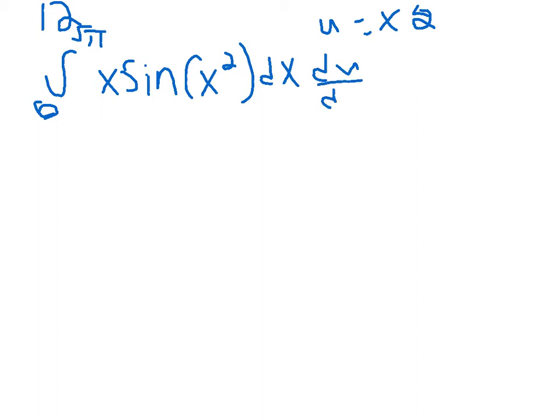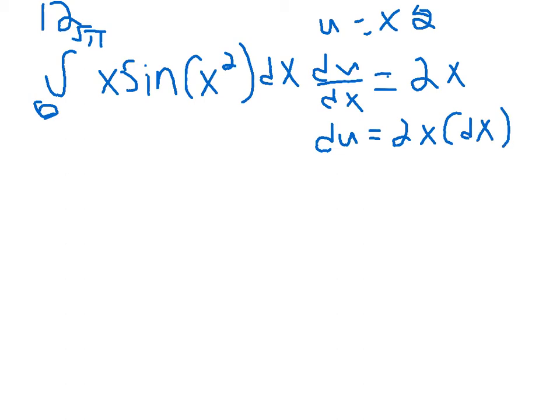du dx is the derivative of that, which is 2x. And then you need to solve for du, so multiply dx across. So du equals 2x times dx.